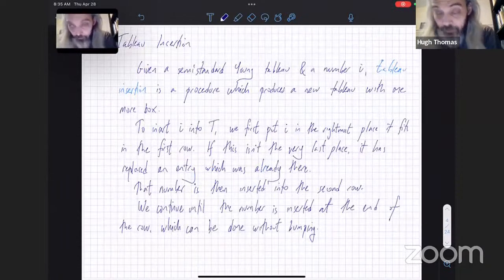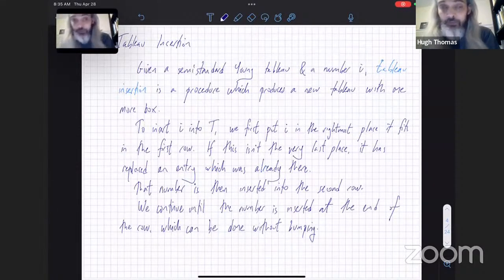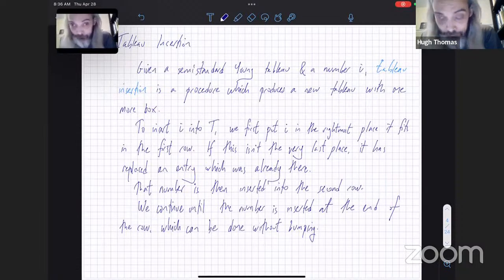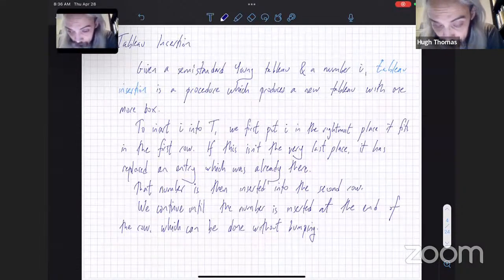So there's a classic procedure. I'm going to be talking about a new way of thinking about RSK, and so I wanted to define classic, well, I'm not going to define classic RSK actually, but I'm going to define the classic Robinson-Schensted correspondence just to make sure we're all on the same page.